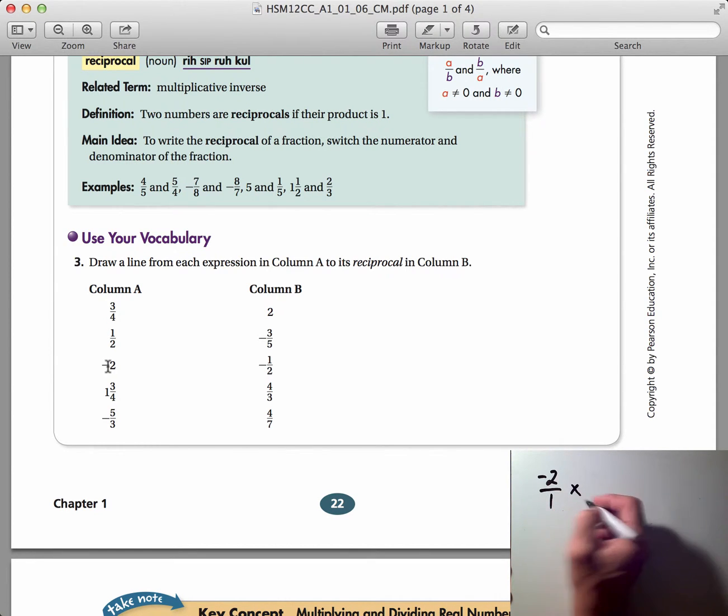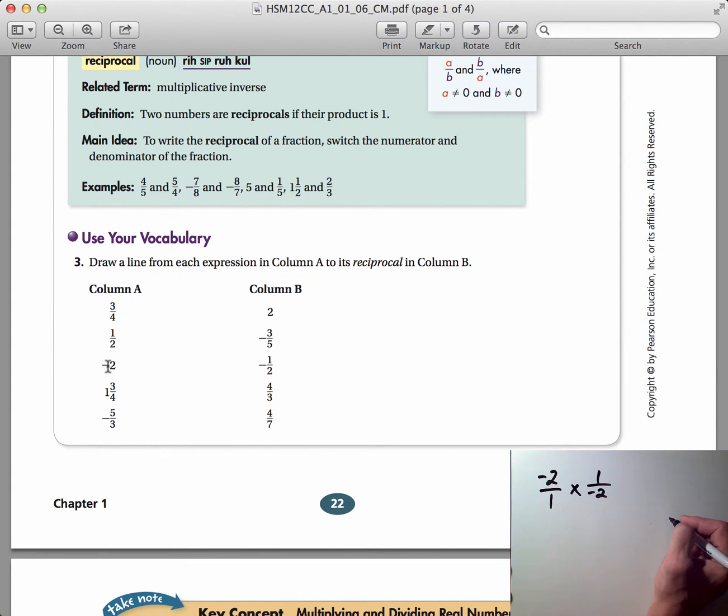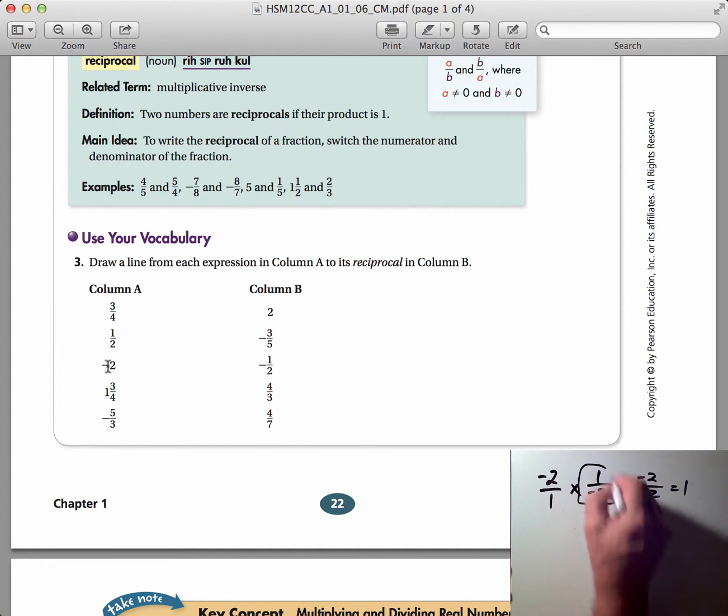So the reciprocal of this is going to be 1 over -2. Does that equal 1? Well, let's take a look. -2 times 1 is -2. 1 times -2 is -2, which equals 1, so that's the reciprocal. So the reciprocal for -2 is -1/2, which is right here.